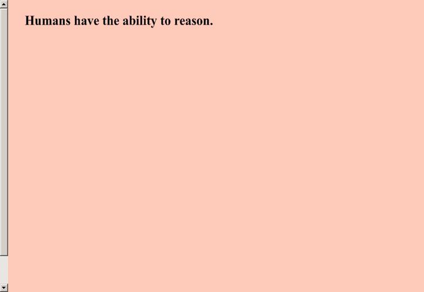Okay, now obviously we're talking about inductive and deductive reasoning. Clearly, humans have the ability to reason. And a lot of you spend a lot of time asking questions about mathematics. When am I ever going to have to use this? What is this ever going to be used for? Well, I do believe that problem-solving skills and basic problem-solving strategies are going to be something that you're going to need for the vast majority of your lives.